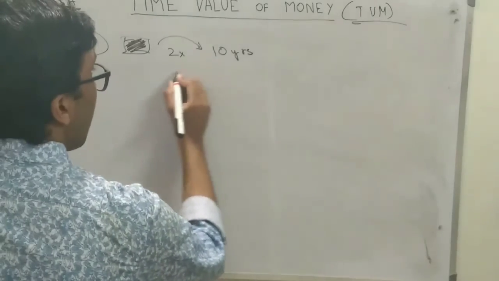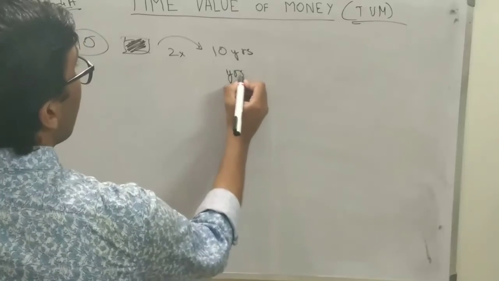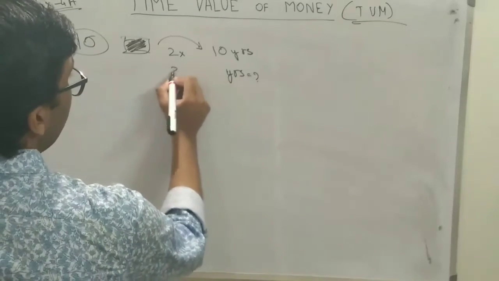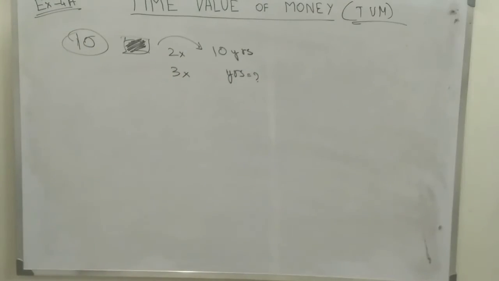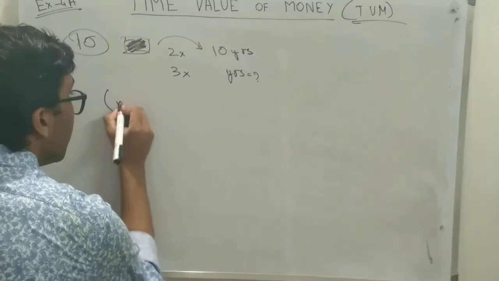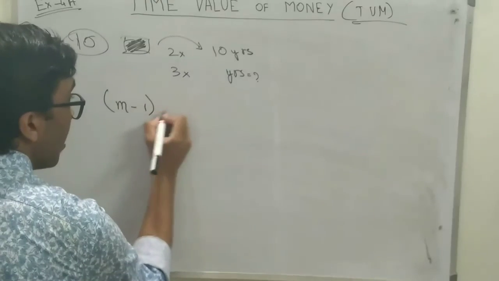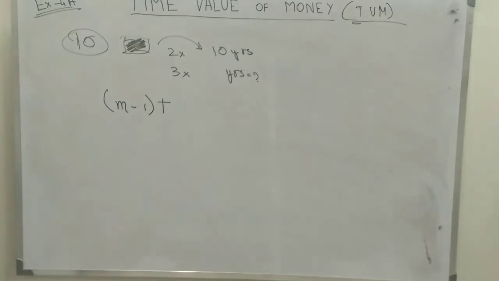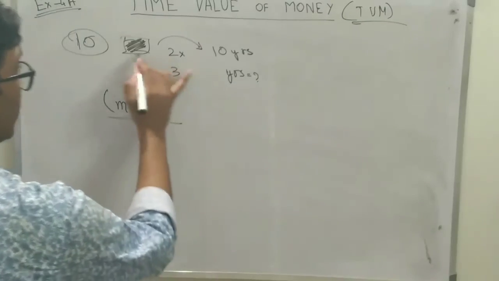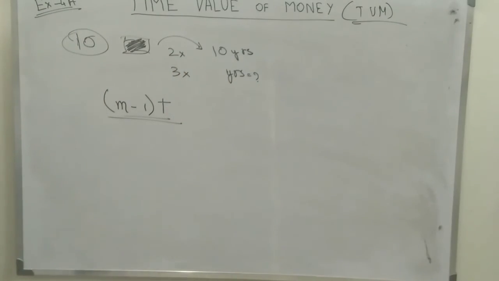Then in how many years will it triple itself? See, I will be solving it with a simple formula, which is (m minus 1) into t. This will be the formula in this type of sums.